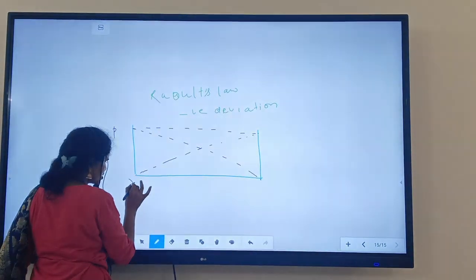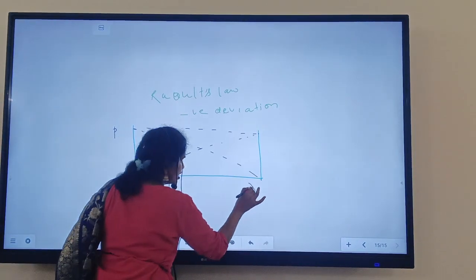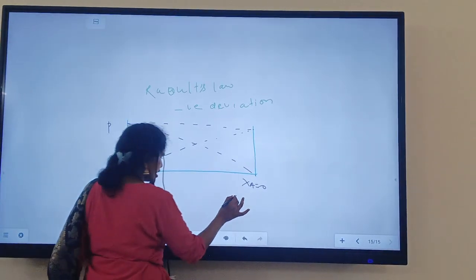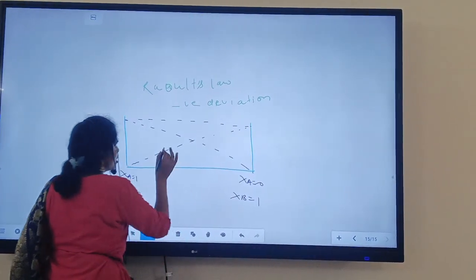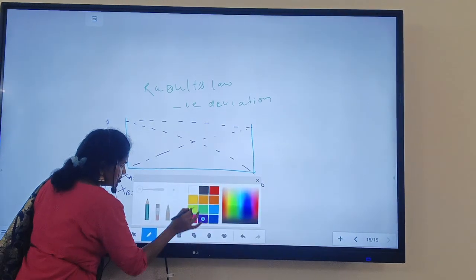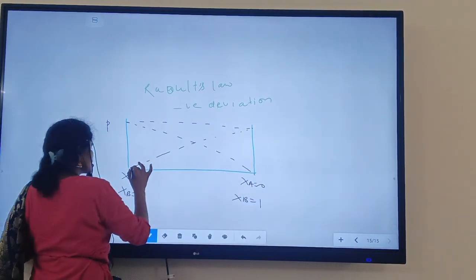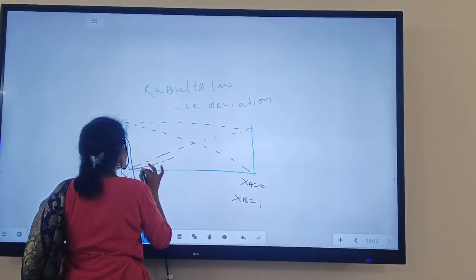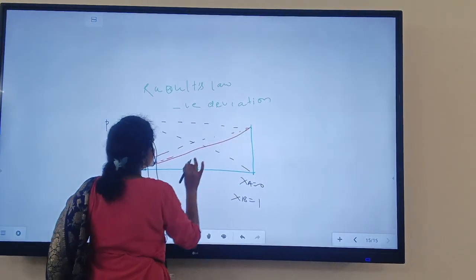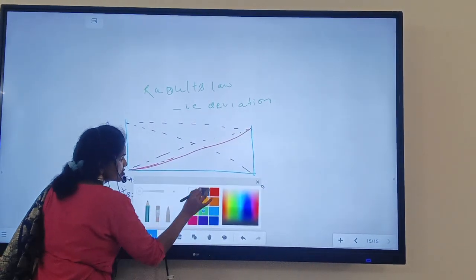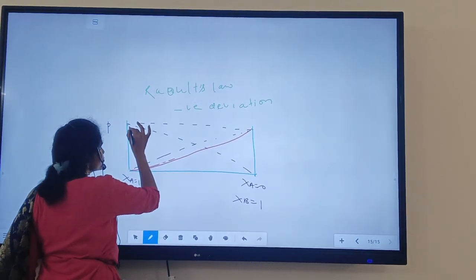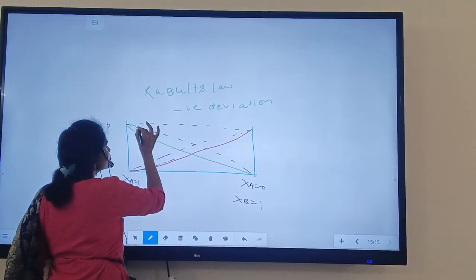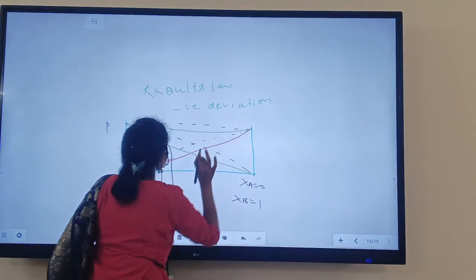Okay, Xa is equal to 1, Xa is equal to 0. Okay, Xb is 0, but Xb is 1. Negative deviation means the vapor pressure will be less than total pressure here. Okay, and this will form a graph here, and this will also form a graph here.